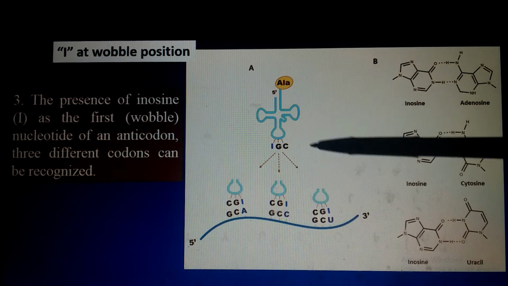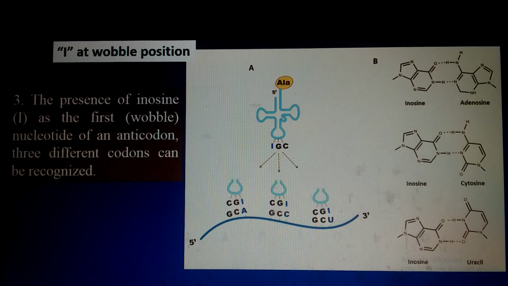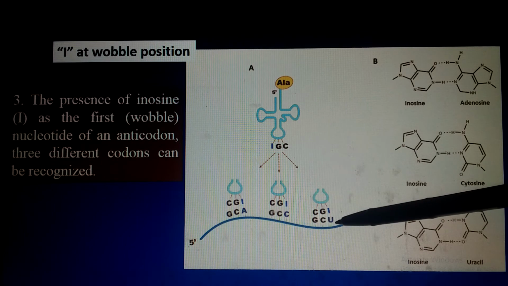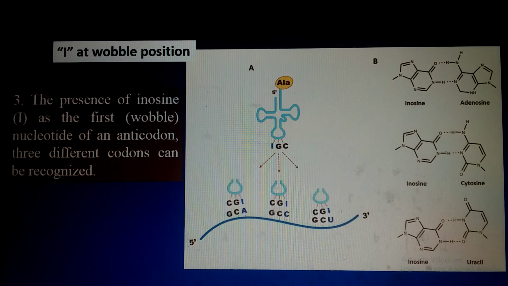Inosine is able to form the bond with the adenine, with the cytosine, with the uracil. Must note down this. So if the inosine is present at position number 1 of the anticodon or the Wobble position, then it can recognize 3 codons for the same amino acid. That is explaining the codon degeneracy.